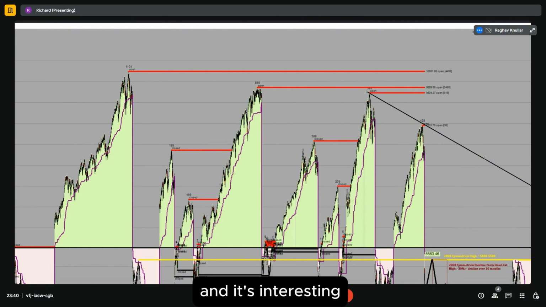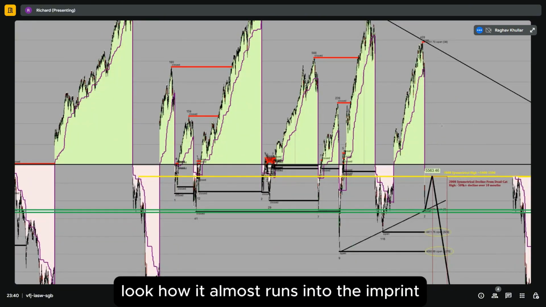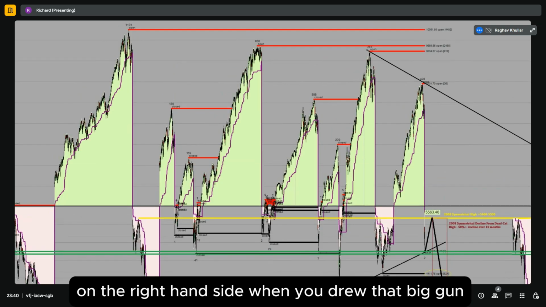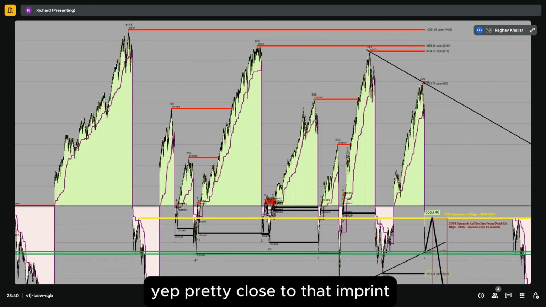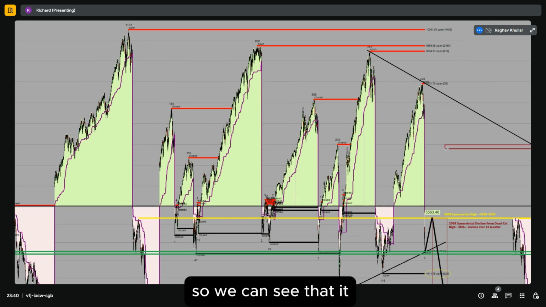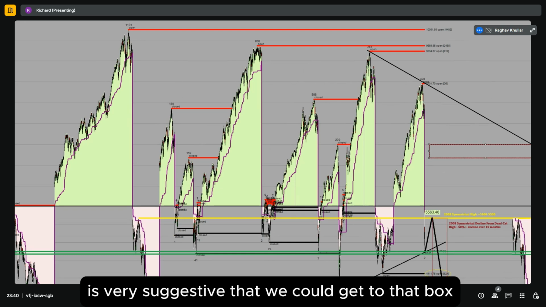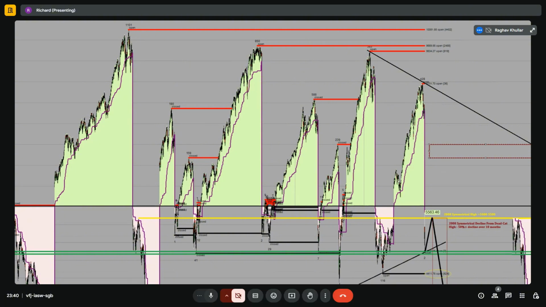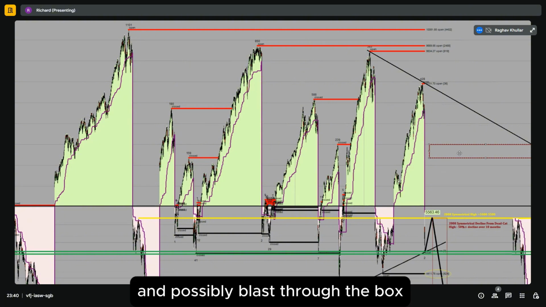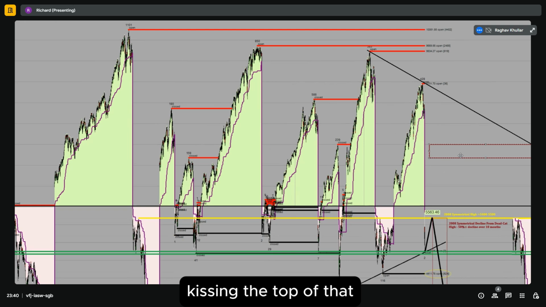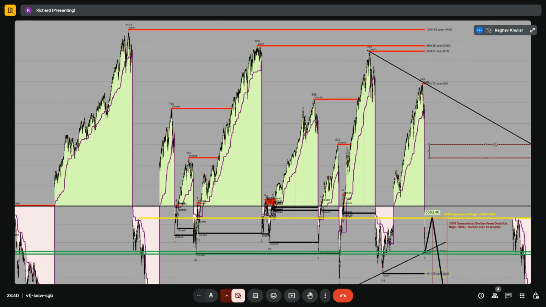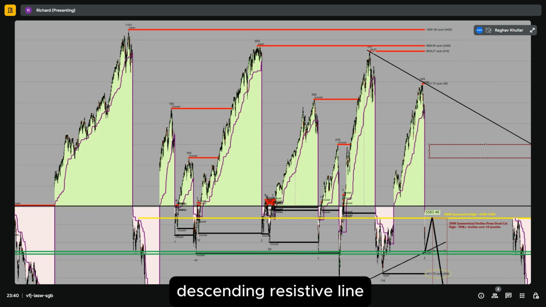And it's interesting, look how it almost runs into the imprint on the right hand side when you drew that, Big Gun. Pretty close to that imprint. So it is very suggestive that we could get to that box and possibly blast through the box, kissing the top of that descending resistive line.